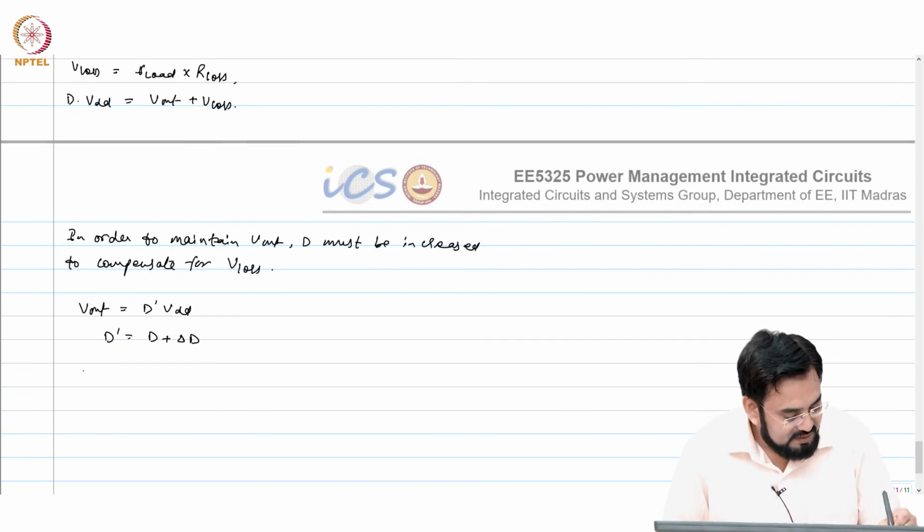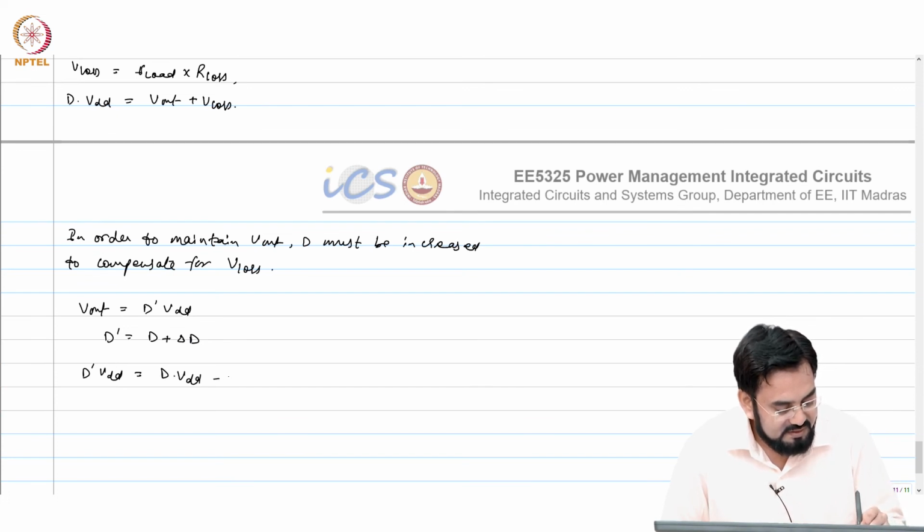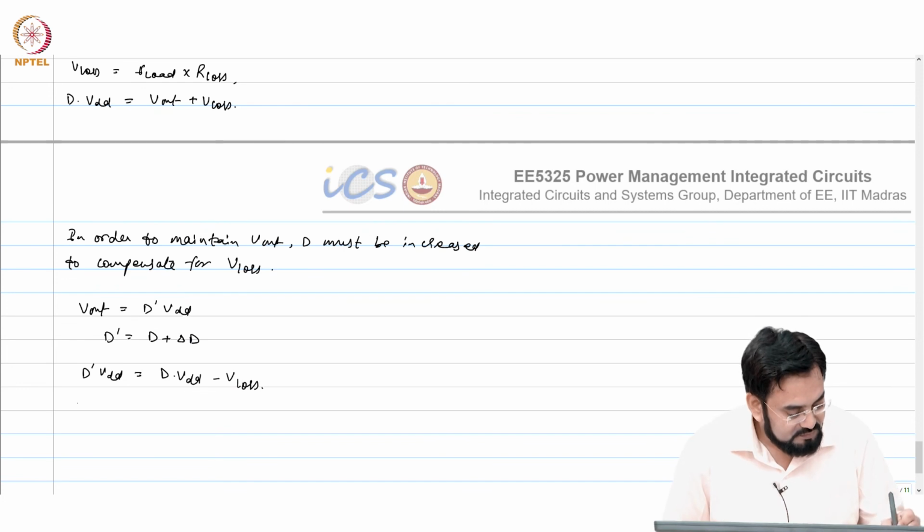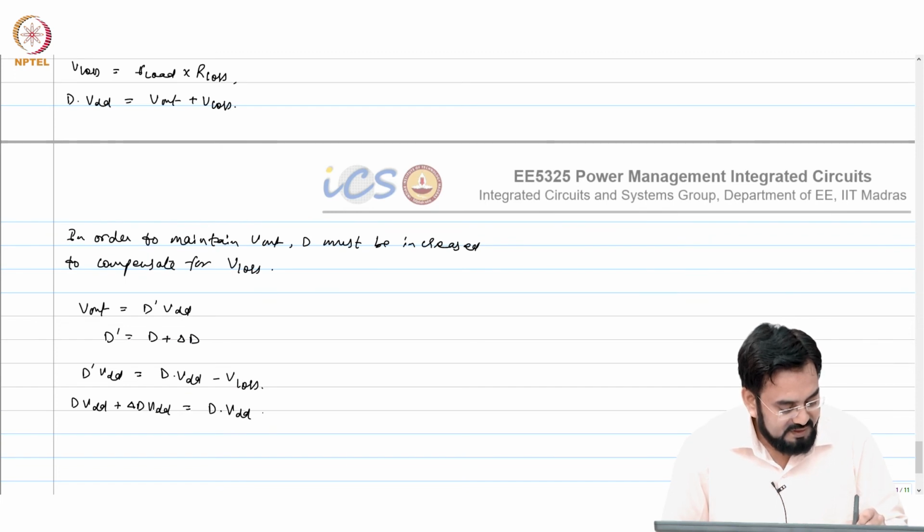And this is nothing but D dash VDD is D times VDD minus V loss. Or D VDD plus delta D VDD equal to D VDD minus V loss.